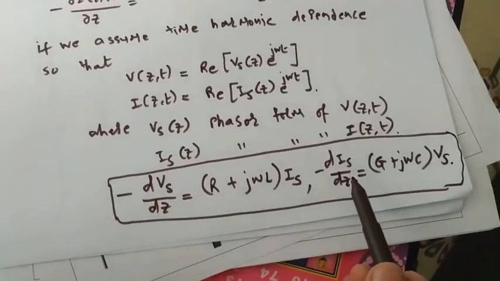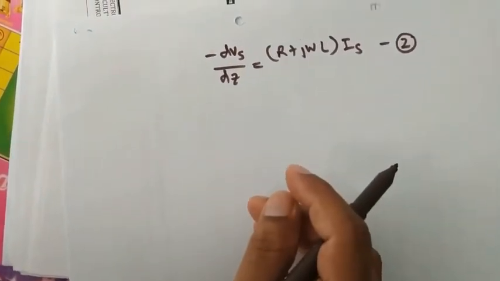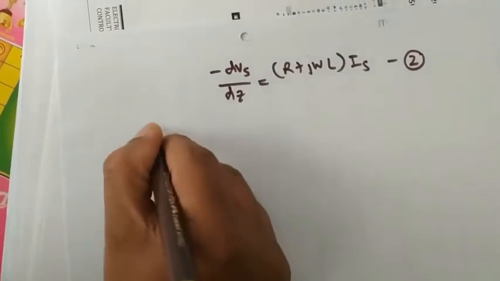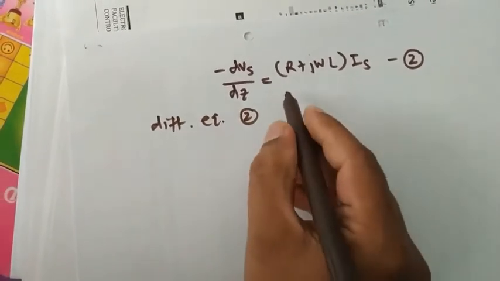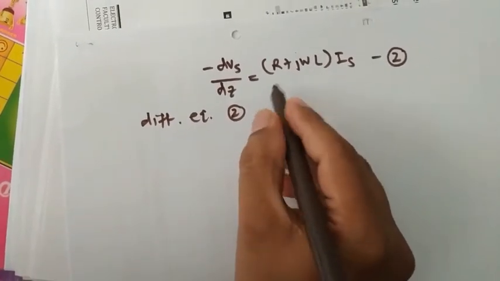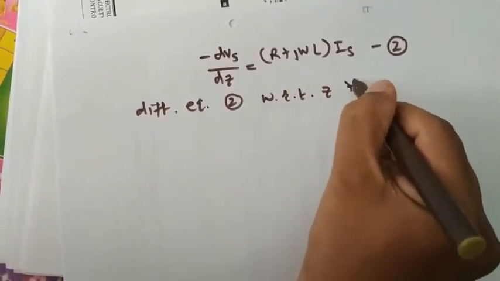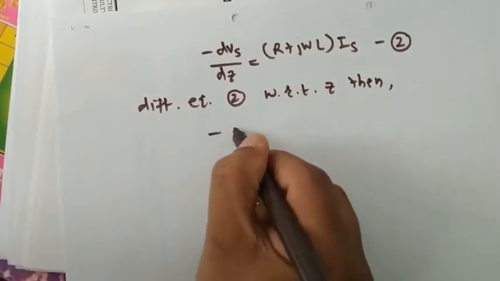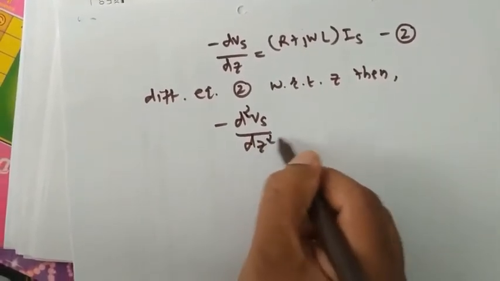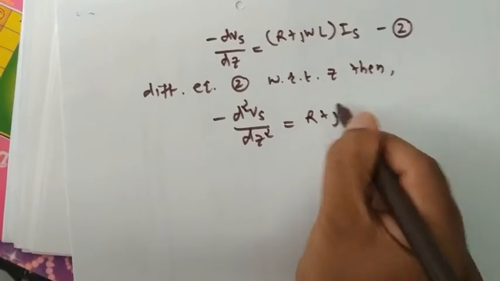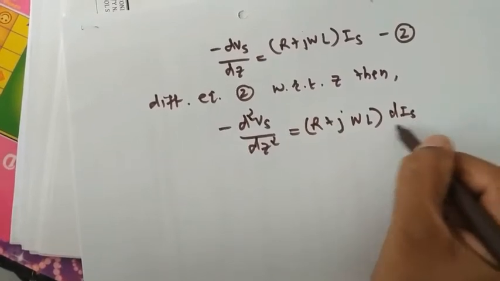So let us do that. Let us differentiate equation 2 with respect to z, then we get minus d square Vs over dz square equal to (R plus j omega L) dIs over dz.